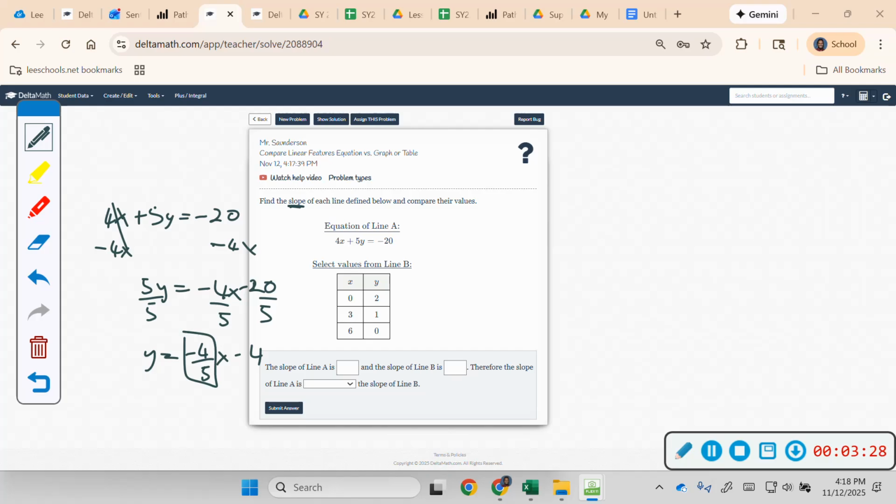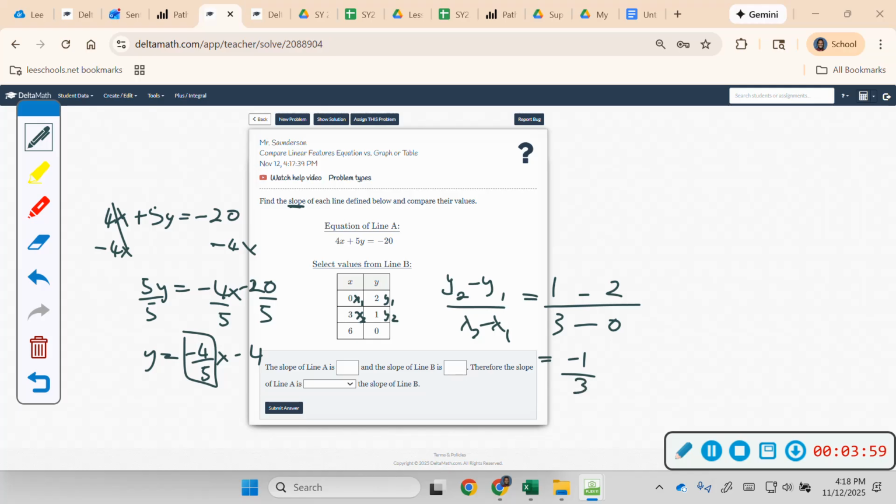To find the slope of the next equation, we're going to have to use the rate of change formula. This is y2 minus y1 over x2 minus x1. So this is your y1, y2, x1, x2, and I just plug those values in. My y1 is 1, my y2 is 2, my x2 is 3, our x1 is 0. So 1 minus 2 is negative 1, 3 minus 0 is 3.